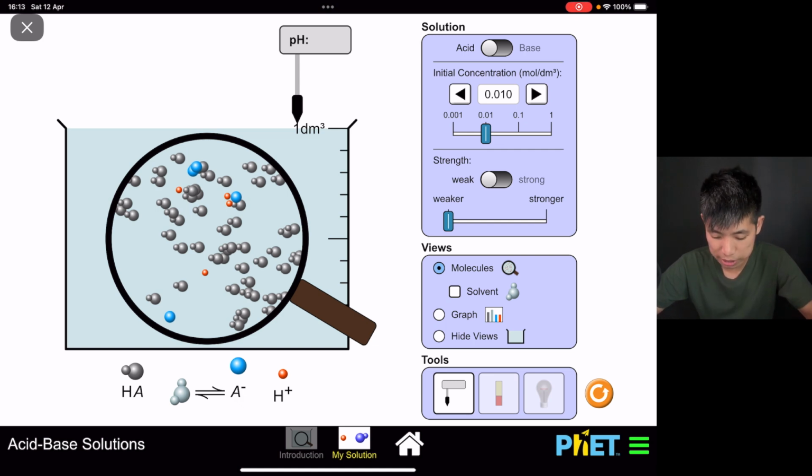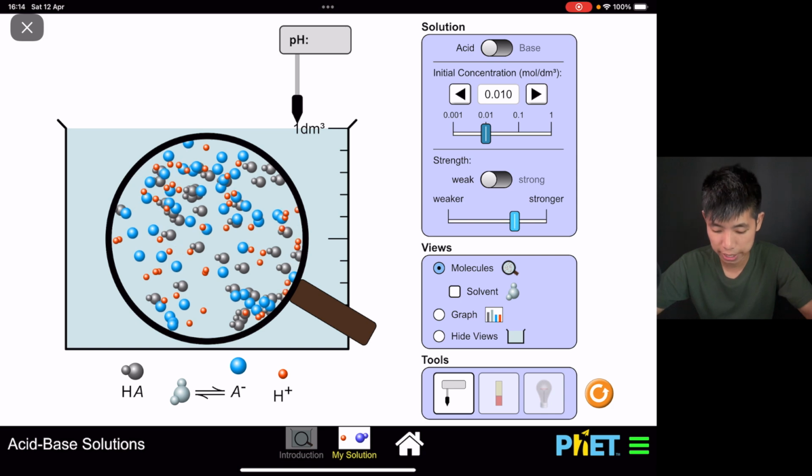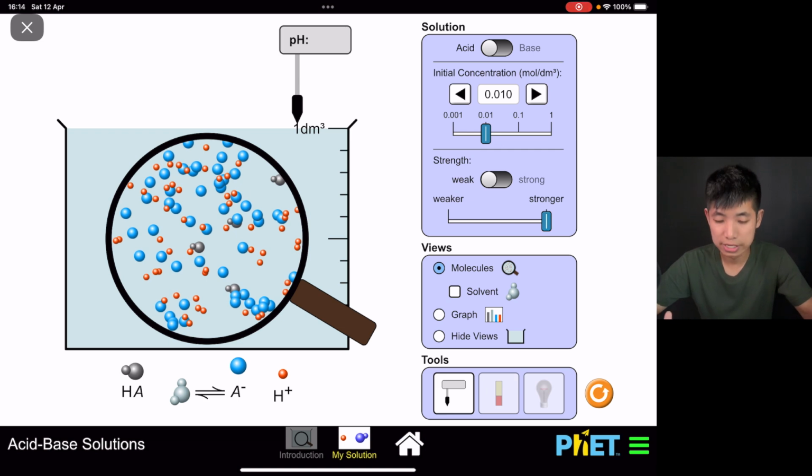I'm going to pull the slider a little bit more to the right and notice that as I increase the strength of the acid, a greater fraction of the acids undergo dissociation. Okay, so a stronger acid is one that undergoes a greater extent of dissociation.